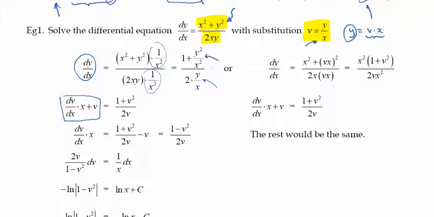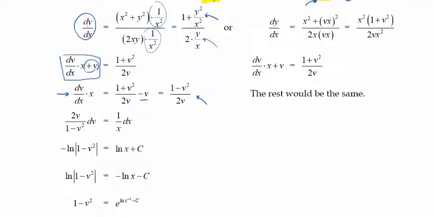So this substitution would have simplified your equation a lot. And as you continue from there, moving the plus v to the other side as minus v, and getting the lowest common denominator, bringing them together, you can now separate the variables.